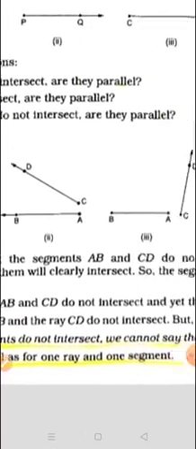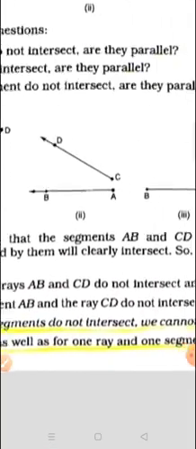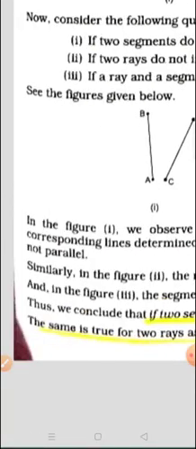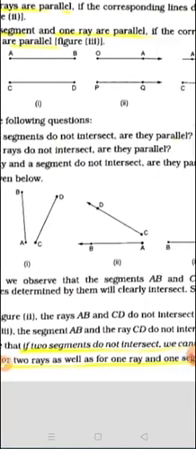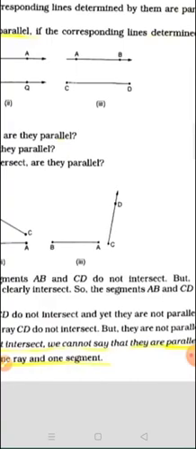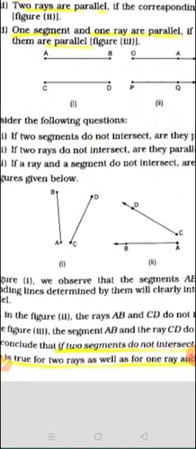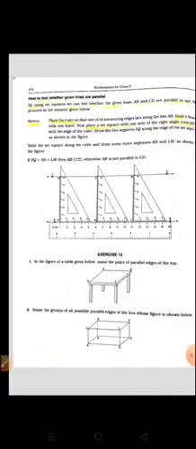And in the third figure, the segment AB and the ray CD do not intersect, but they are not parallel. Thus, we conclude that if two segments do not intersect, we cannot say that they are parallel. The same is true for two rays as well as for one ray and one segment.